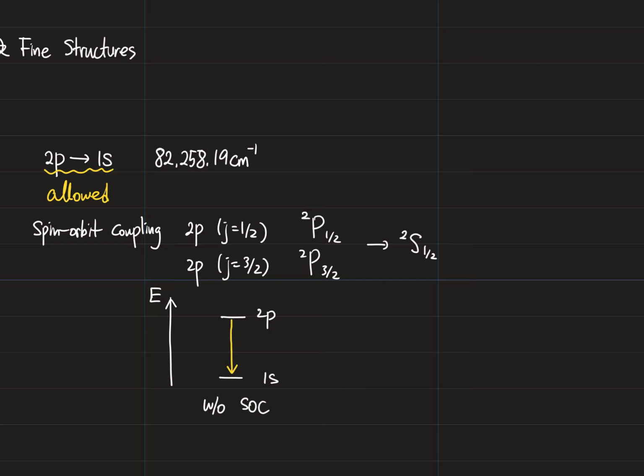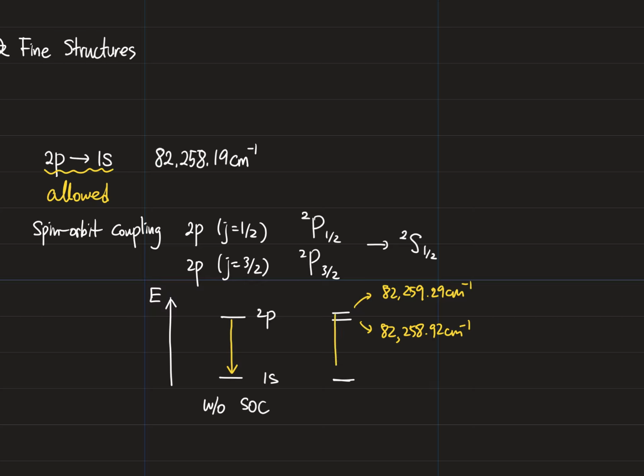But actually, if we have really good spectroscopic tools, then we can magnify this transition. And actually, they are split into two levels. So the upper one is and the lower one and 1s is just here.